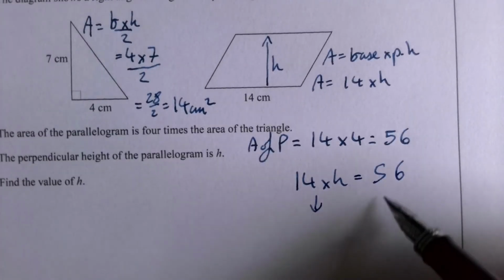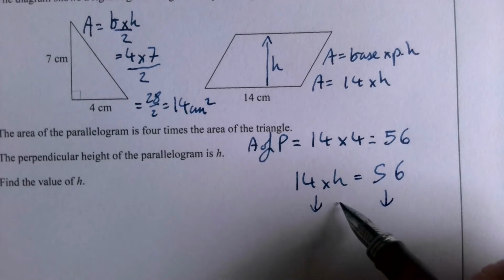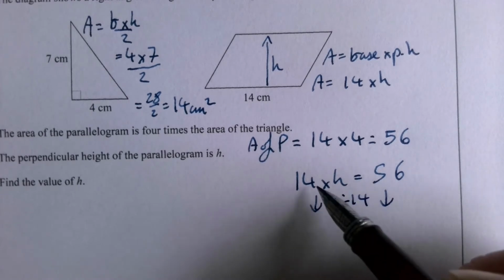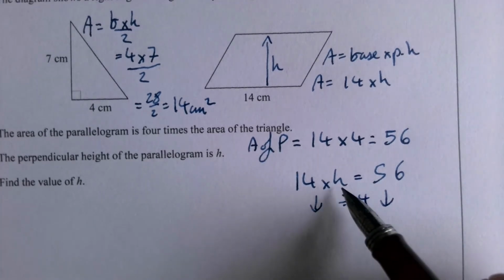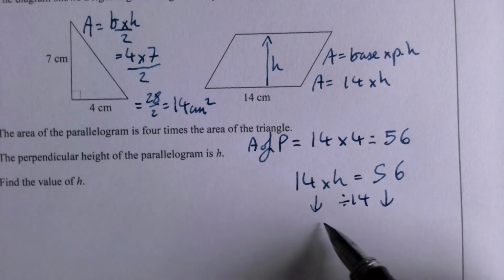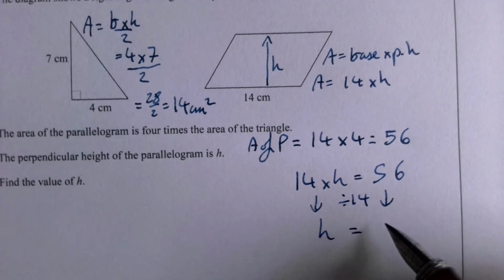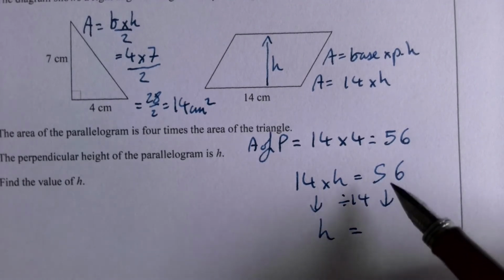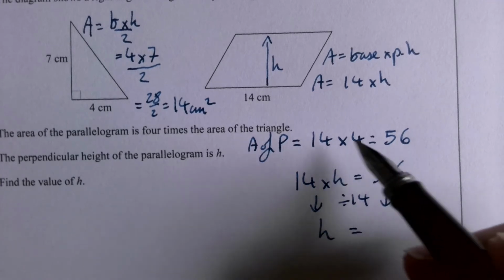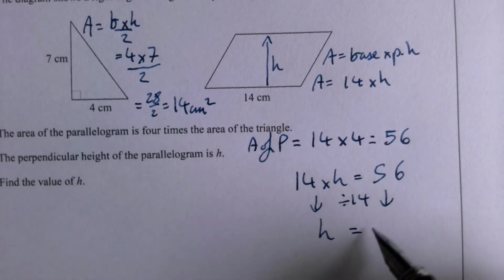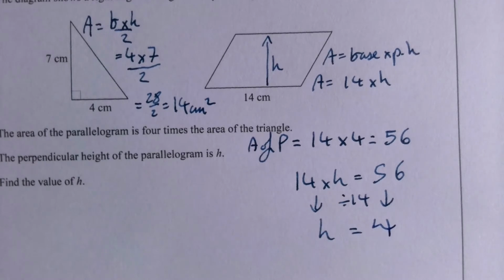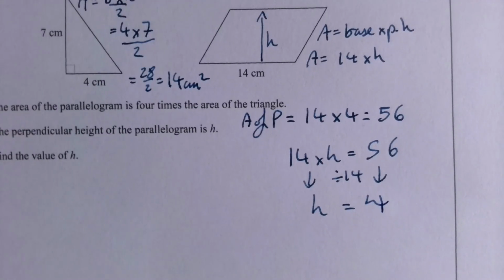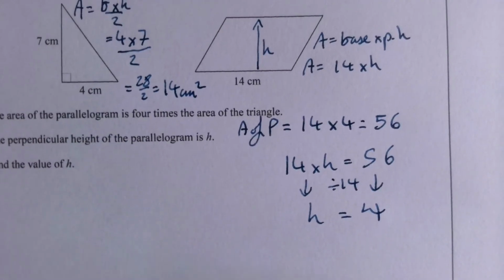So if I want to know what the height is, I need to divide by that 14, because I don't want 14 times as much as the height, I just want the height. 56 divided by 14, well, we've just done 4 14s make 56, so it must go back to 4. So the value of h is 4.